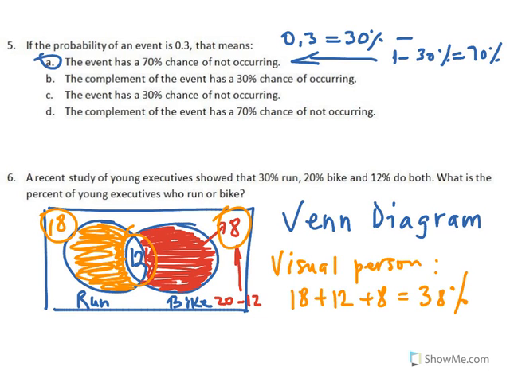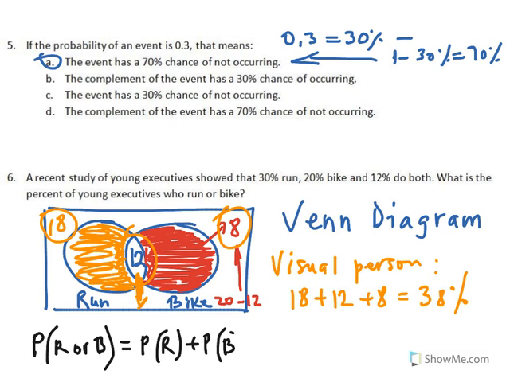Now, a formula person would go according to the formula. Since we do not have mutually exclusive events, because run or bike events have this 12% in common, what we would do here is create the formula: P of run or bike would be percentage of run plus percentage of bike minus percentage of those who do both, run and bike.